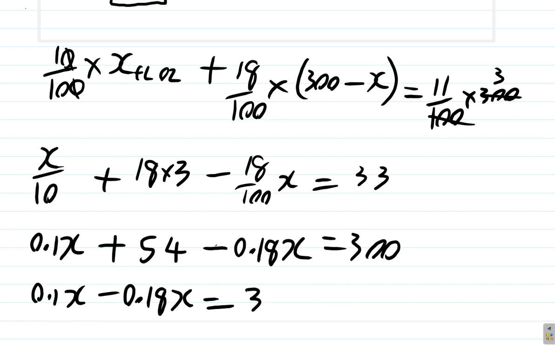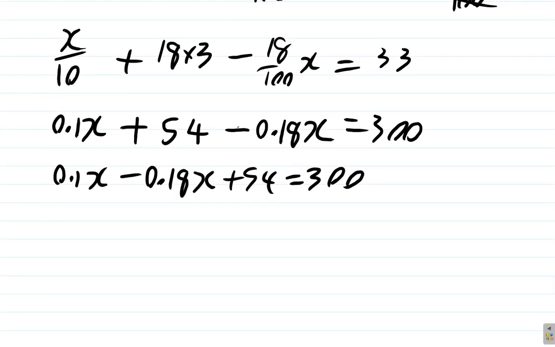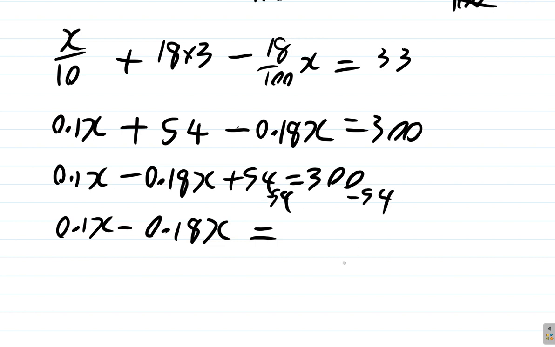Now, if we didn't do that, what we would have is plus 54 equals 300, and we would have to go one more step and say 0.1x minus 0.18x equals, subtracting 54 from both sides. 54 minus itself, and that is gone. And we'll have 300 minus 54 over here. Alright? So what we'll have is 300 minus 54. The 54 was gone from over here.